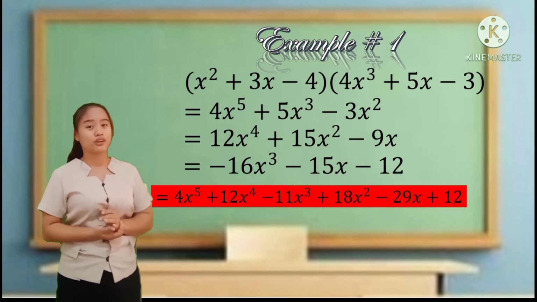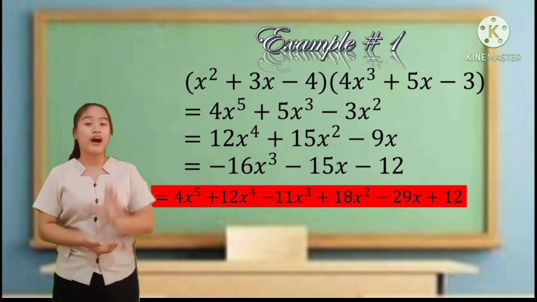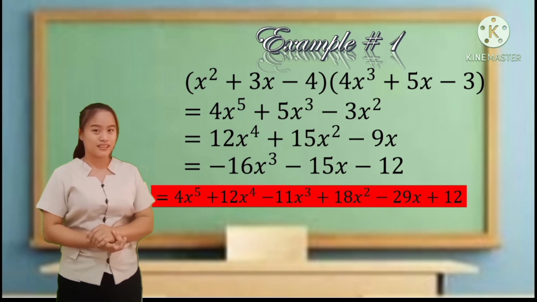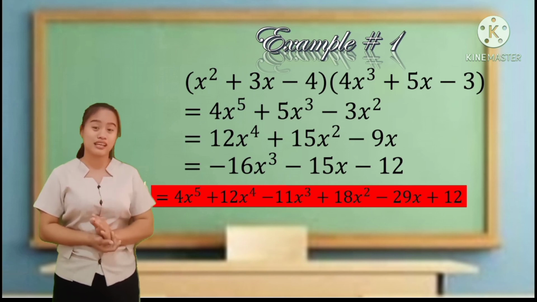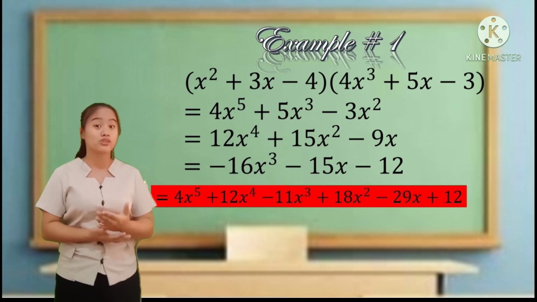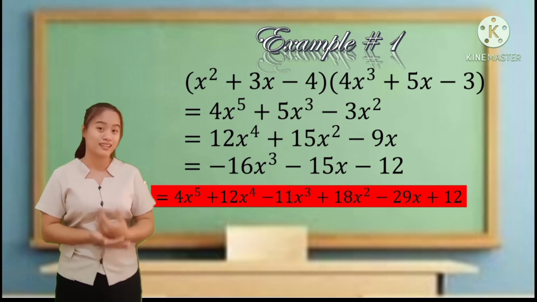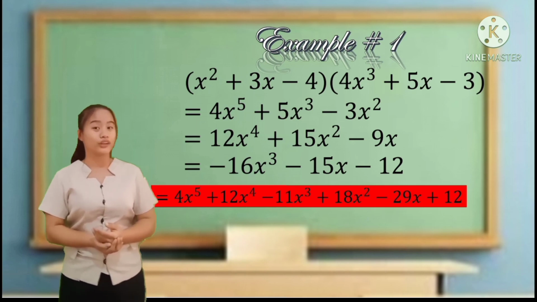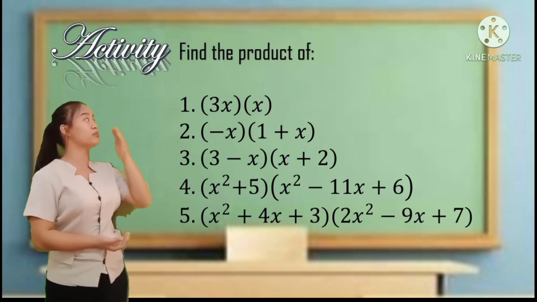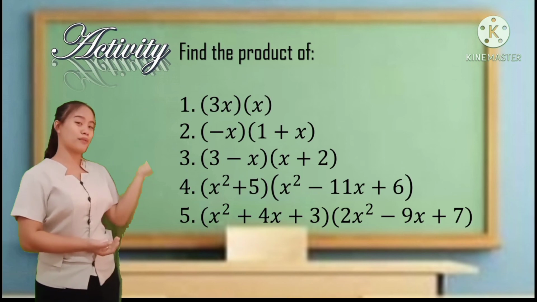Our activity for today is only a 5-item quiz. You will solve problems involving multiplying polynomials. Don't worry, class, it's very easy. It's just a practice drill for you because you already know how to multiply polynomials, right? Okay, so this is your activity for today, number 1 up to number 5.